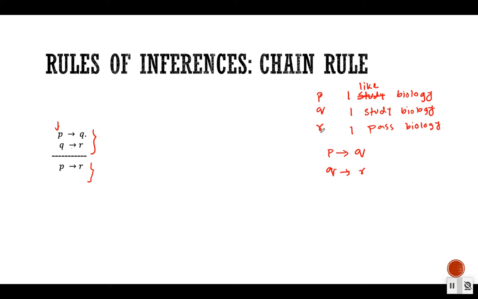Now Q implies R stands for if you study the course, then you will pass the course. So if both statements are true, P implies R will also be true. P implies R is saying that if you like the course, then you will pass the course. Just by looking at the sentences, you can see that liking the course means you are going to study it, and if you study the course, you are going to pass it.